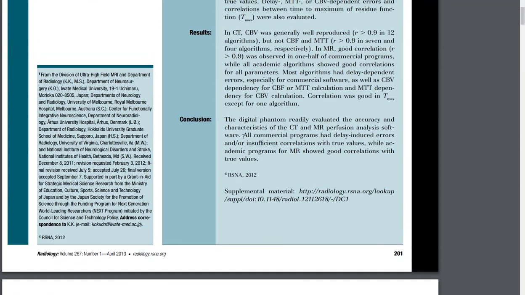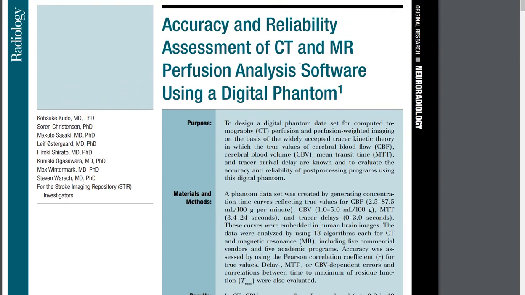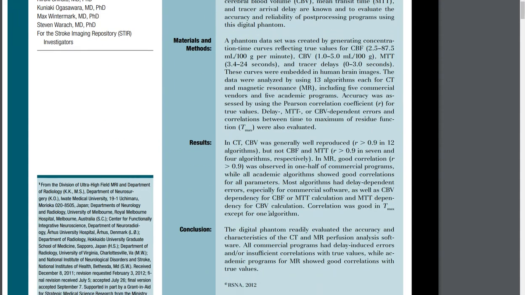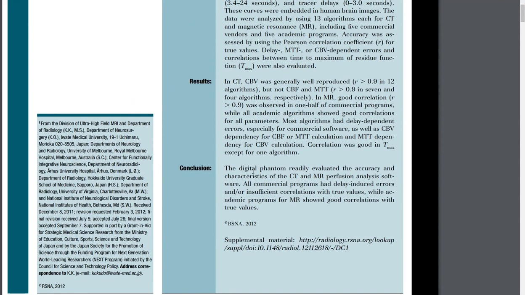2012 RSNA article, evaluating how accurately the CT perfusion analysis software performs, including the big shots such as Wintermark. Their result, using a digital phantom to evaluate the accuracy of CT and MR perfusion software: all of them have delay-induced errors and or insufficient correlation with true values.